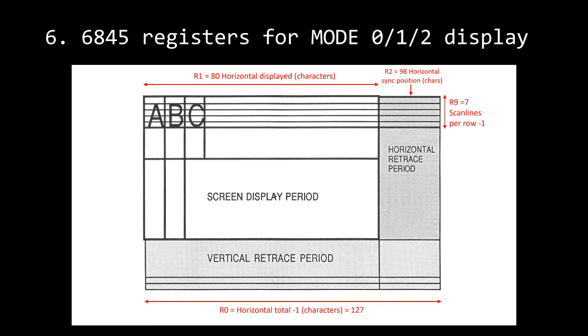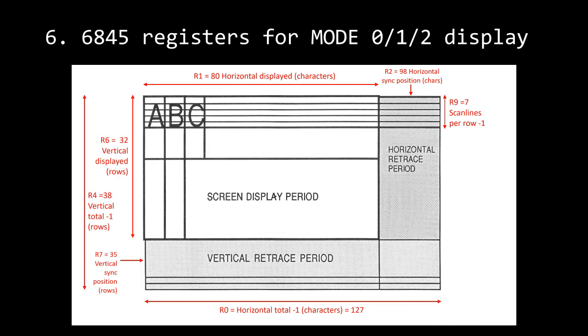We have 8 scan lines in our row. And then if you take your 312 scan lines divided by 8 scan lines per row, you get 39 rows in total. But R4 is one of those -1 registers, so R4 by default is 38.